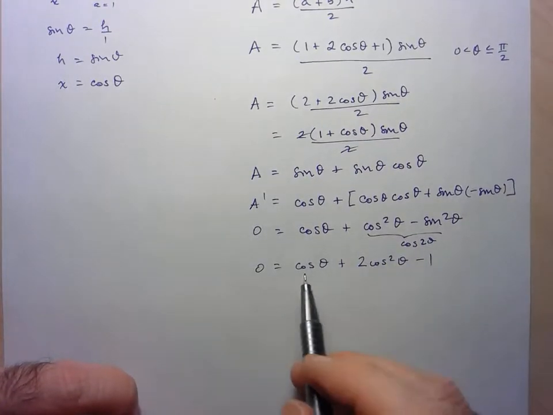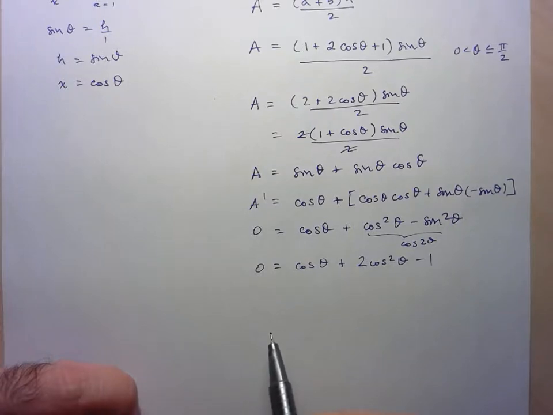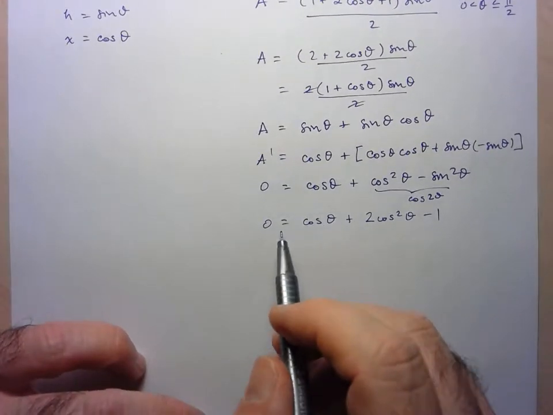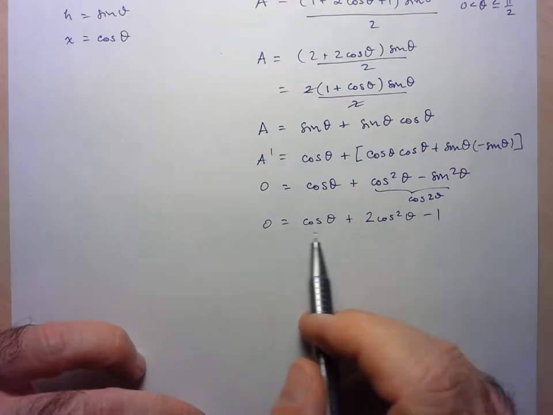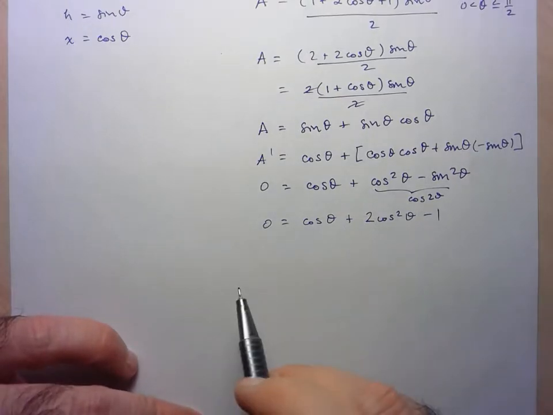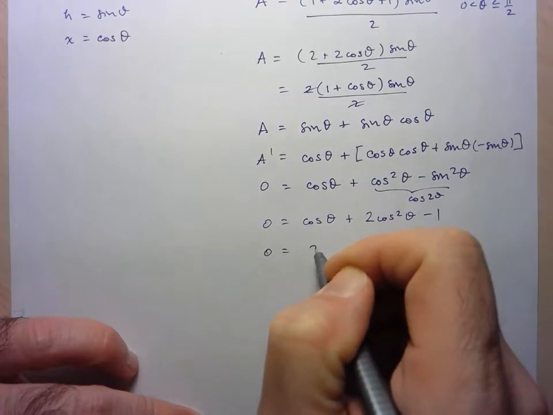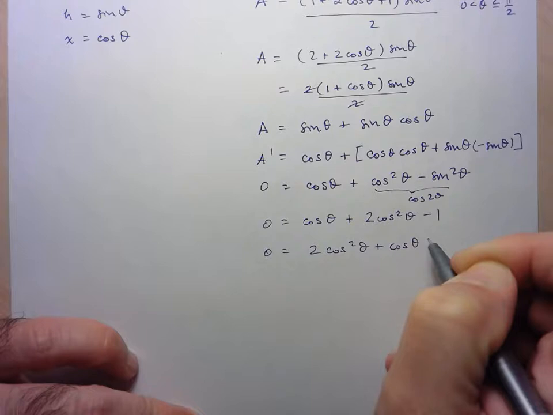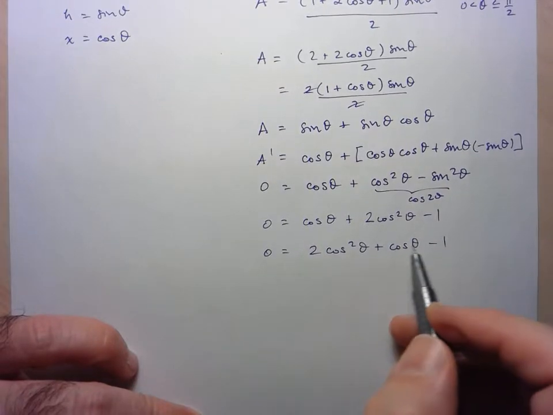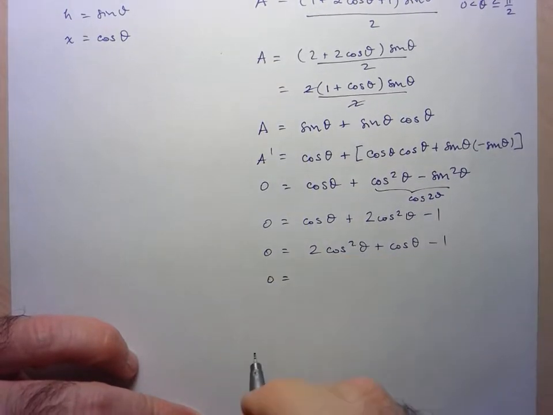Okay, and now I've got something that seems a little more workable because, hopefully, from advanced functions we notice that this is a quadratic trigonometric equation. So let's rearrange things to make it a little easier to work with. And the question is, can I factor this? And it looks like I can.